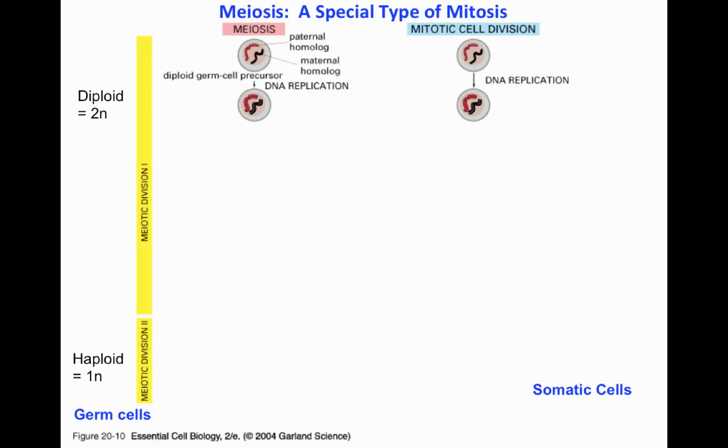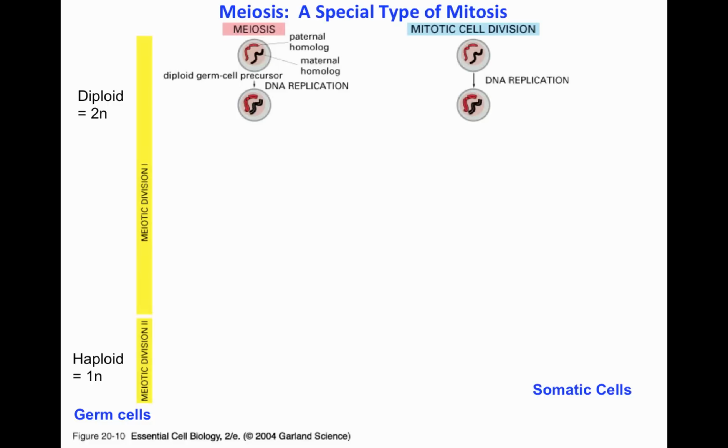So let's take a look at how the cell is undergoing the special type of mitosis to produce germ cells. And what I have in this image is a comparison of the meiosis and mitotic events. So you're going to see how they're similar and how they're different. The first thing that is going to happen in both meiosis and mitosis is the duplication of DNA.